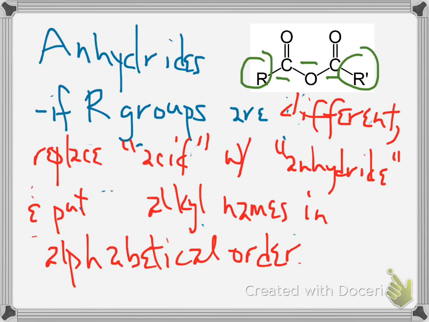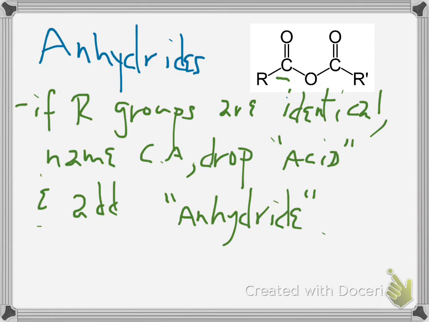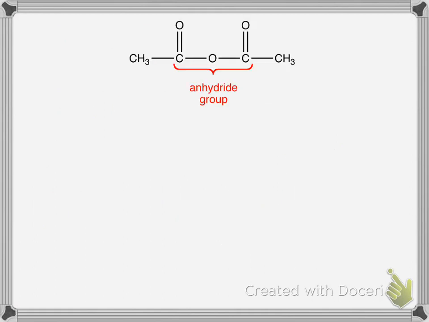Okay, so what happens if the two R groups are identical? You would name the corresponding carboxylic acid, just like before. You drop the acid and add the word anhydride. So let's do an example of these. So we have this example.